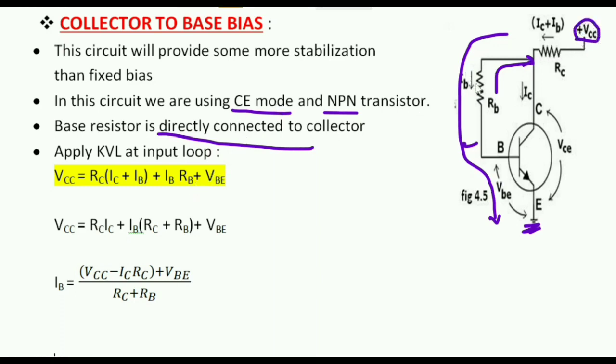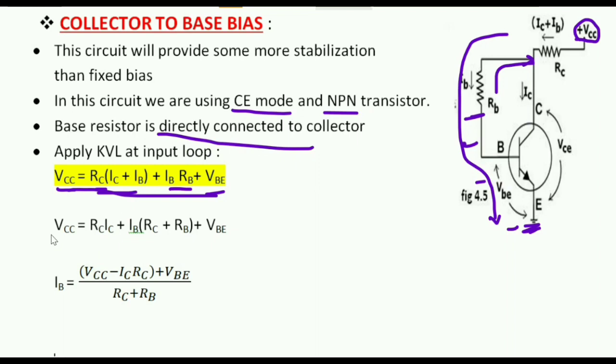Then the KVL equation will be VCC, the total voltage supplied, equals the voltage drop across resistor RC, where the current flowing through RC is IC plus IB, times the resistance RC, plus the voltage drop across resistor RB, which is IB into RB, plus VBE, the base emitter voltage. This is the complete KVL equation of the input loop of this collector to base bias circuit.